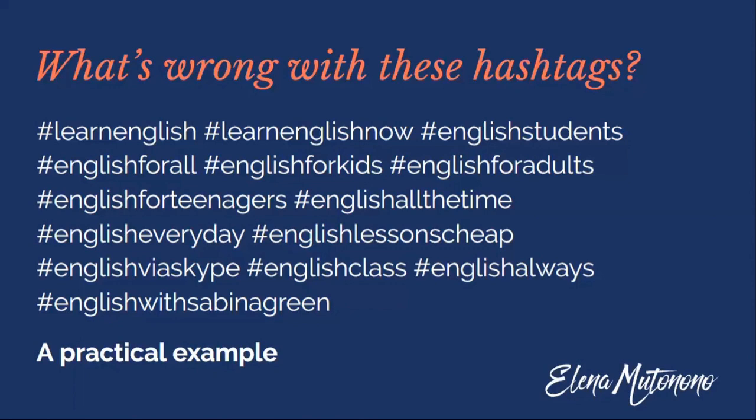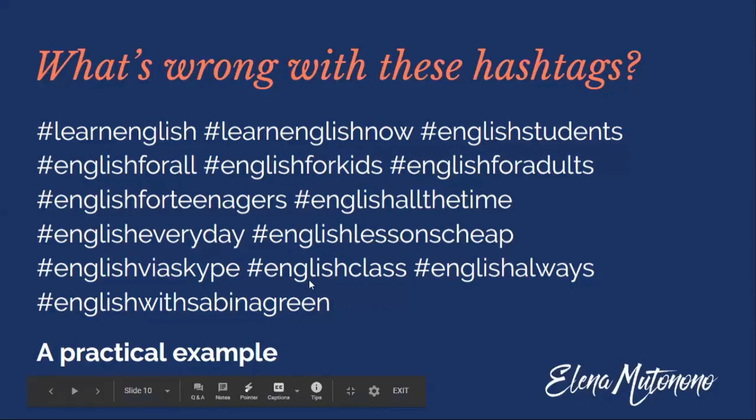We will connect with them on a way deeper level than just learn English. And really, I find very few people who are actually learning English use that hashtag the way teachers use it. But that's a different story.